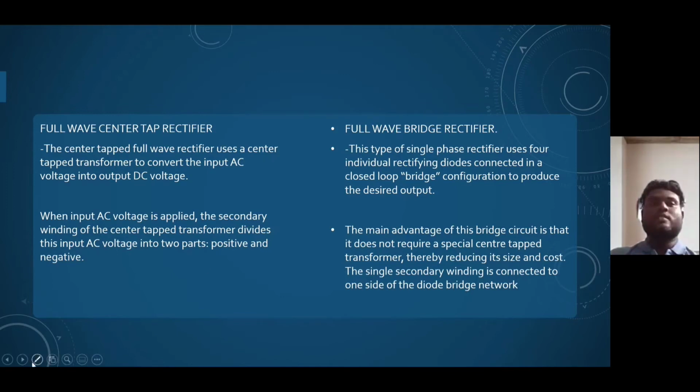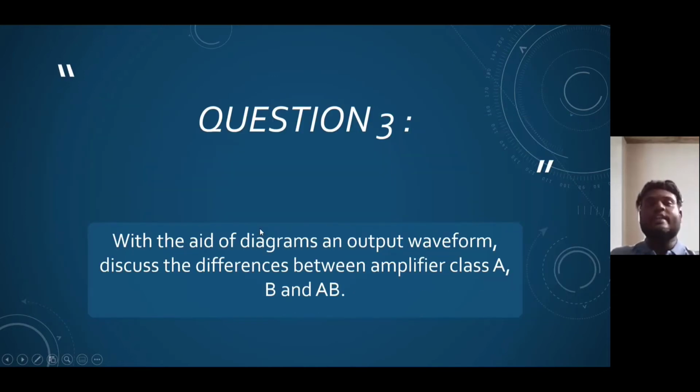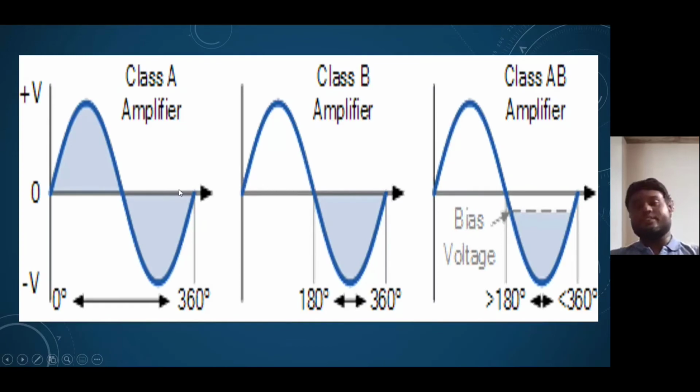And finally, the last question was question 3, which is, with the aid of diagram and output waveform, discuss the difference between class A, class B, and class AB amplifiers. Here I show the diagram of the class A amplifier, which means 0 to 360 degrees, one full sine wave.